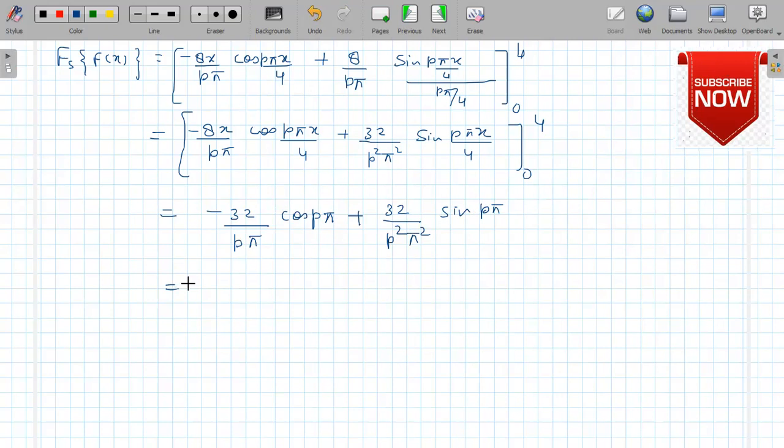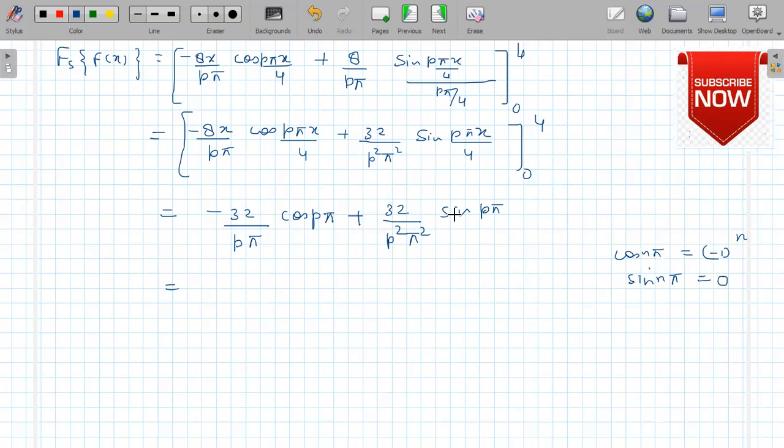Because if you remember, cos of nπ is minus 1 raised to the power n, and sine of nπ is always 0, where n is a positive integer, right?